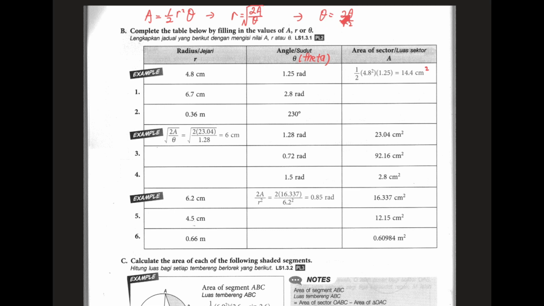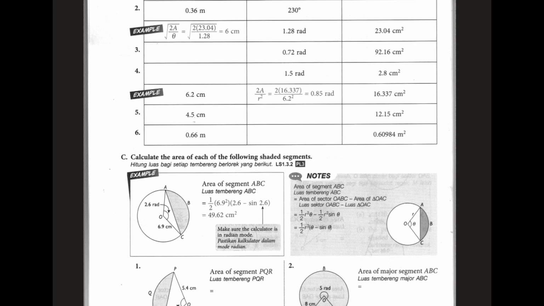So the formula is 2A over r squared. Area is given, 16.337, so we substitute on top. 6.2 is given, we substitute at the bottom. And then you press the calculator and you will get this. Okay, so these are the 3 formulas and the examples.